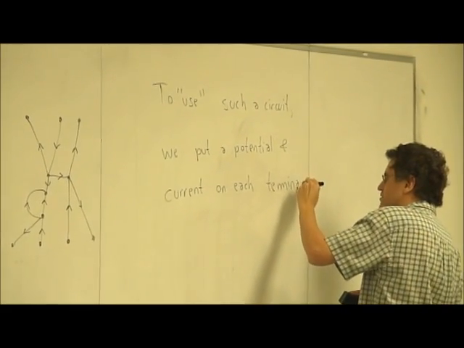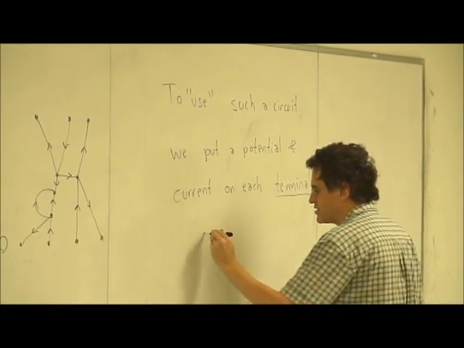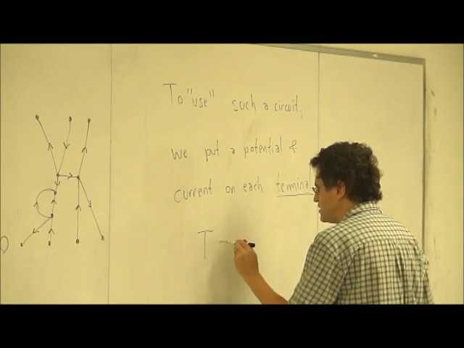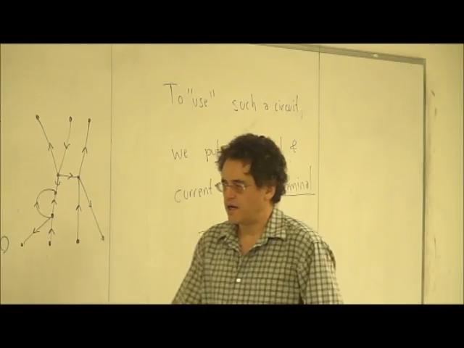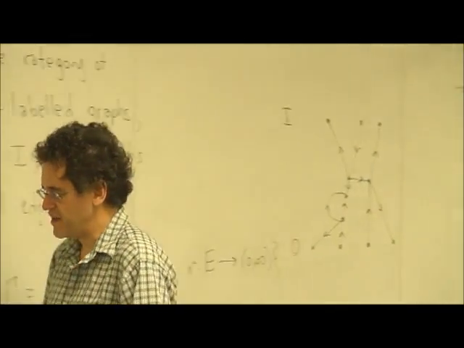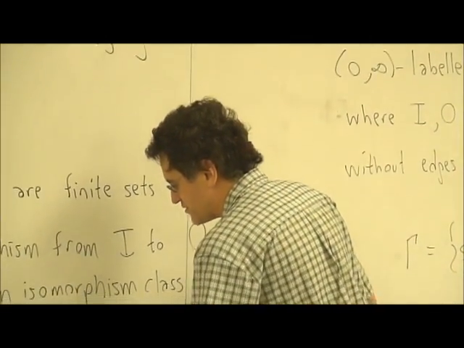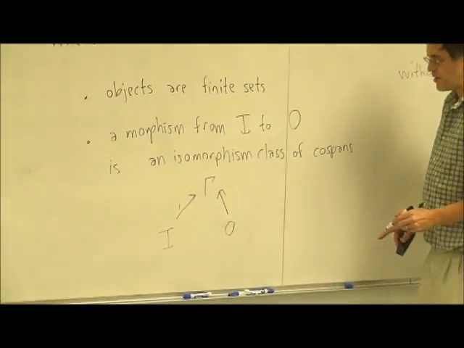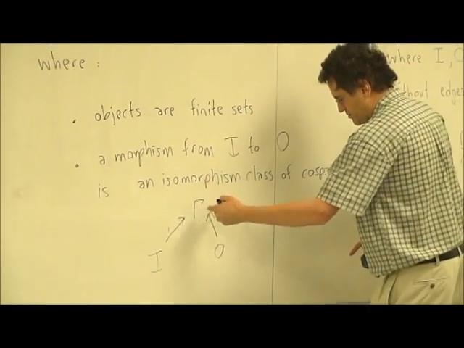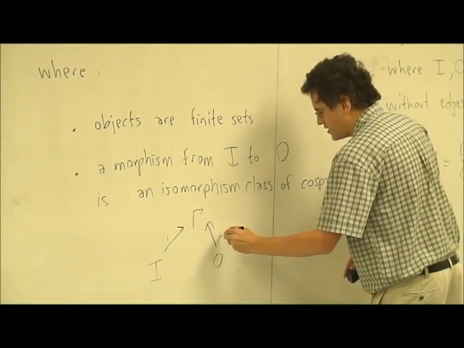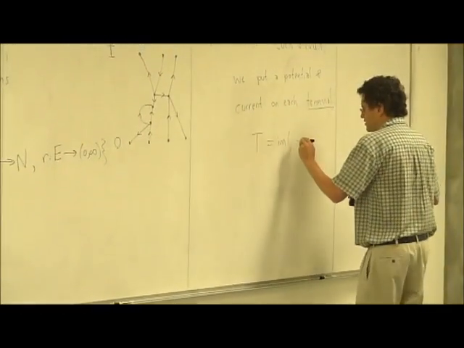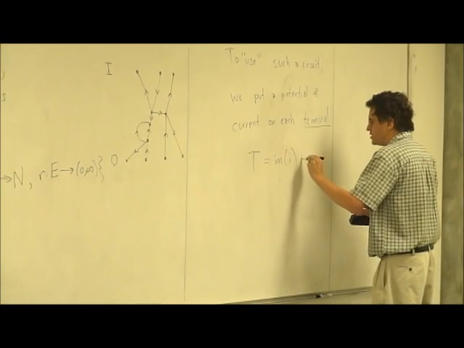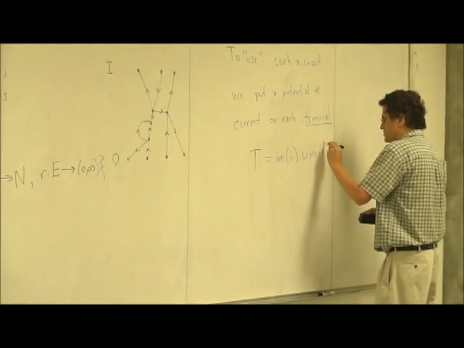Let me define the concept of terminal. The set of terminals is the image of, well, I didn't name these functions. There's a function I mapping the inputs into the set of nodes of our graph. Similarly, a function O. So the terminals are the nodes that are in the union of the images of those two functions.